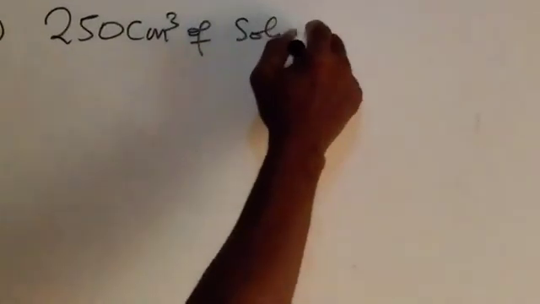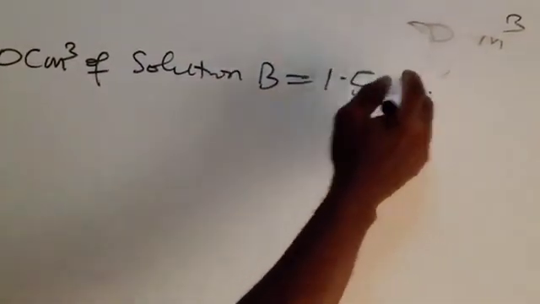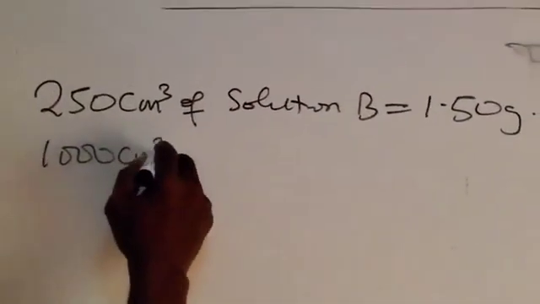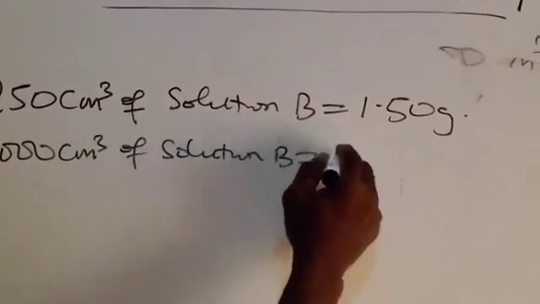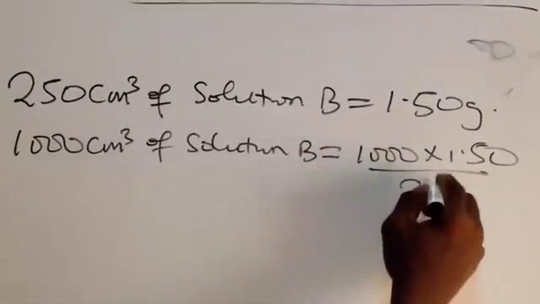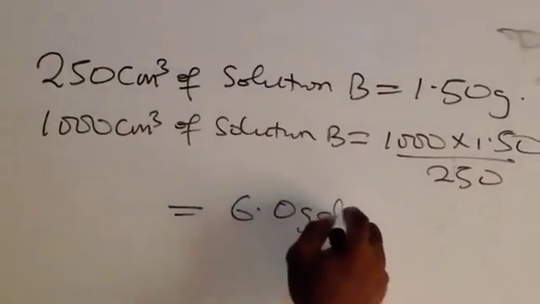So we have 250 cm cube of solution B containing 1.50 grams. Therefore 1000 cm cube of solution B will now contain 1000 times 1.5 over 250. So that will give us 6.0 gram per dm cube.